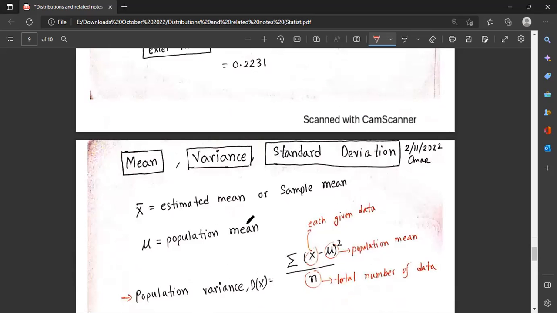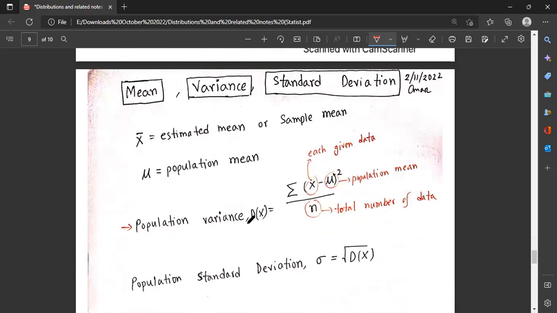Now let's see what the mean, variance, and standard deviation are, how they are represented, and what they really mean. The first one is the mean, represented this way, x mean. If we have 3 students, one got 15, another got 20, and another got 10, what is the mean?